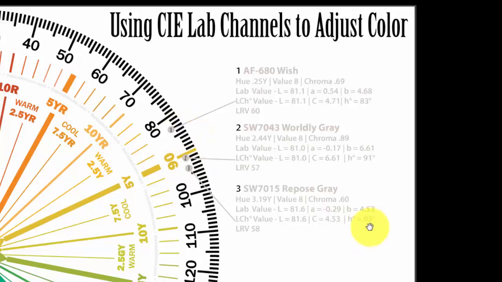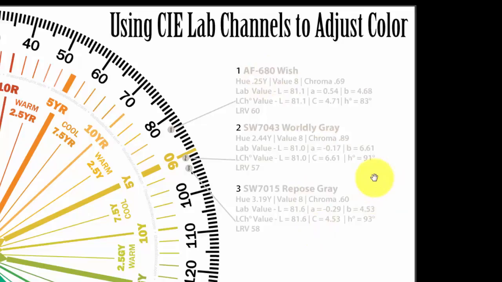I could have just searched using the hue angle and gone from 93, taken it down by 10, and gotten to 83 degrees and ended up with Wish. Getting to Worldly Gray using hue angle would have been a little more clumsy. I don't know if I could have drilled in as specific and as quickly as I did to find a color between Wish and Repose Gray.